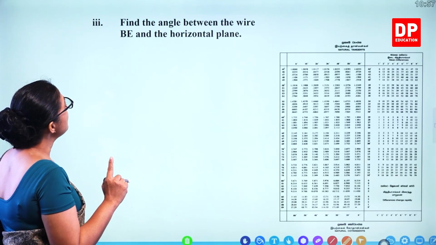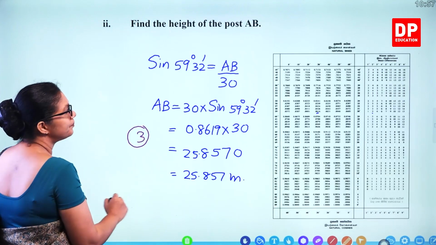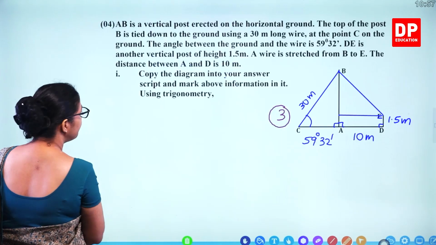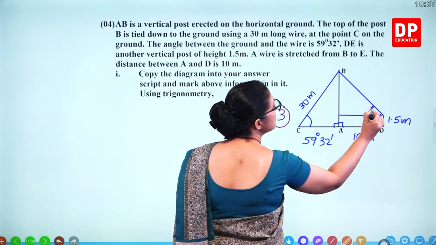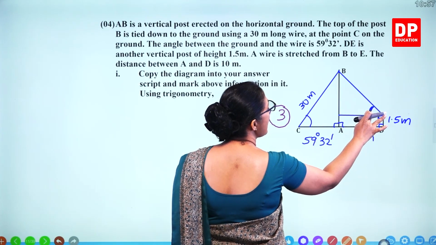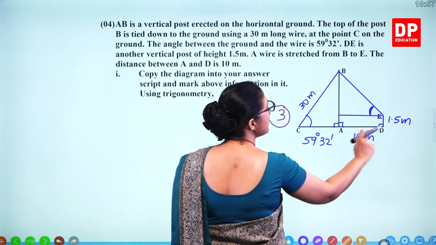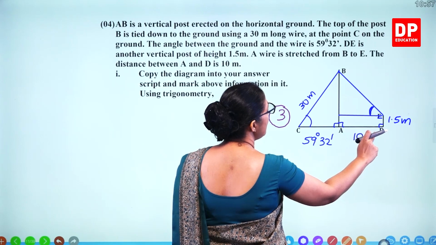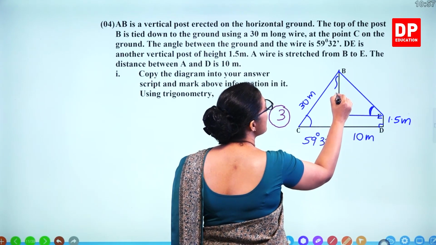Find the angle between the wire BE and the horizontal plane. This angle. So to this angle, this one is 10. That's adjacent. And what else do you know? You can find out this height.